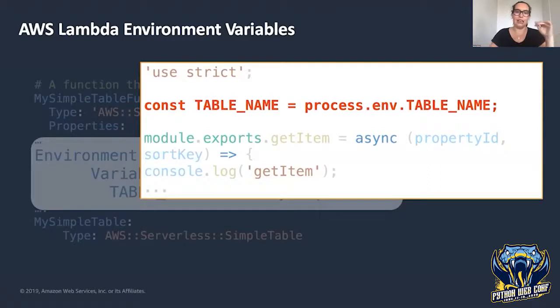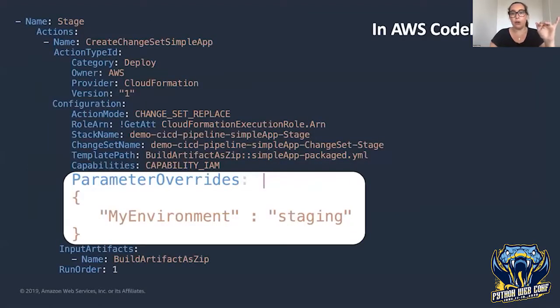But basically, this is the way to call it. If you are using Python, you need to use the right way to get your environment variables in Python, but it's as simple as that. Another cool thing is that when you are using CodePipeline, you can override these parameters from the stage. So if you want to pass the environment that you're going to deploy this function to, you don't need to hard code it in your code.